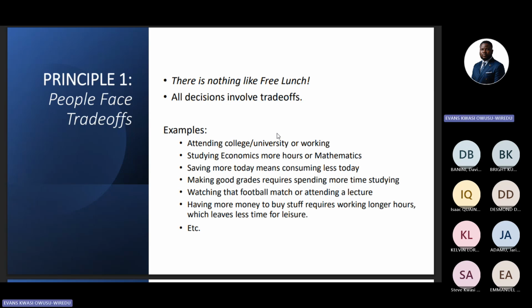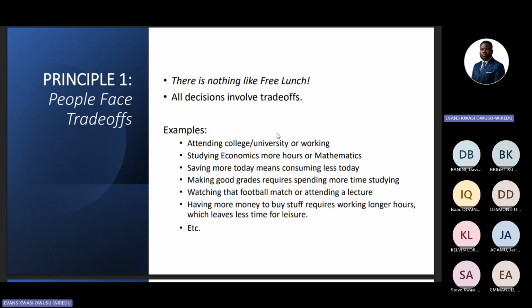And so we're going to break this down. People face decisions on exchange all the time, because you give this and you let go of that. It's more like a trade-off.